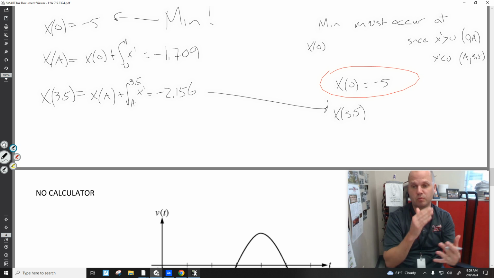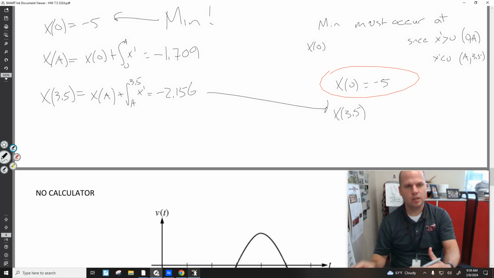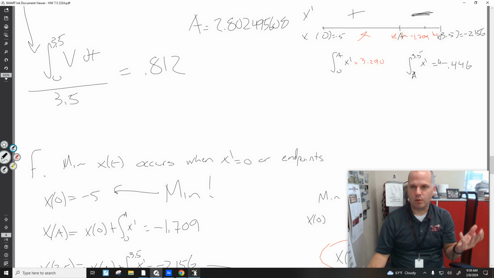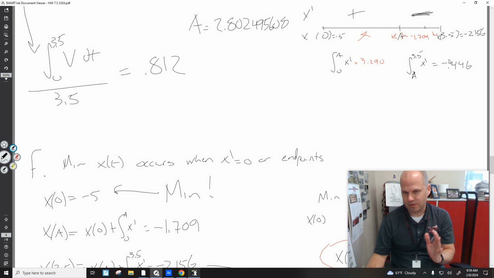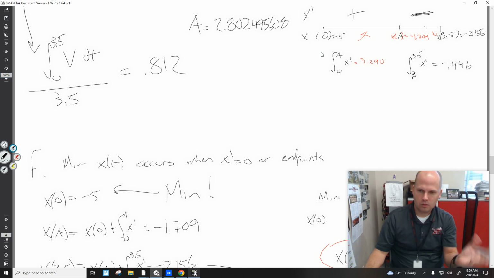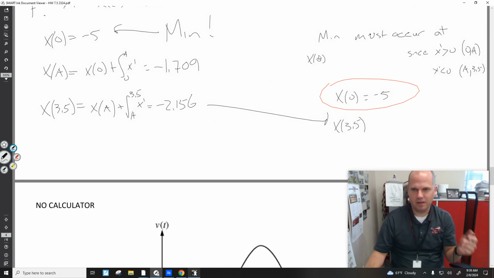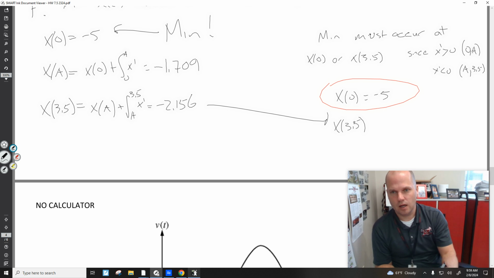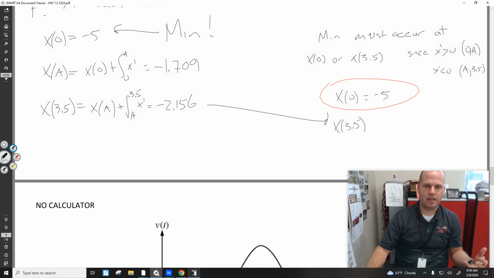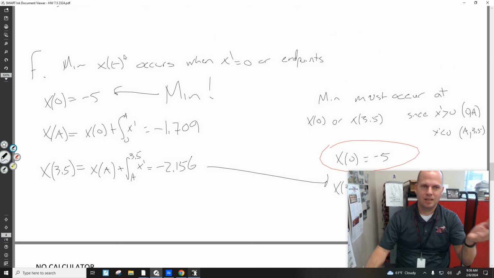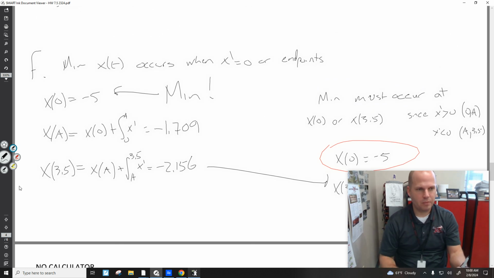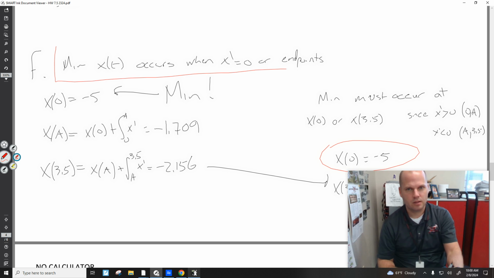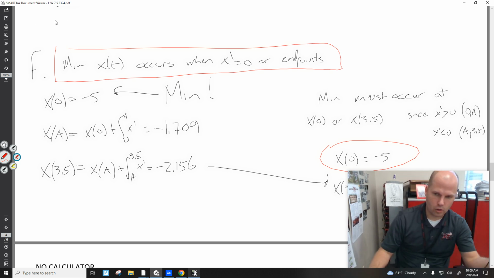You say the displacement from 0 to A is positive this. The displacement from A to 3.5 is negative this. Therefore, since this is bigger than this, we must start at a min. It's just more complicated. I think the easier way is to eliminate something that you have to check by eliminating candidates by referencing derivatives, but this is the safe way to go. But again, you need to provide this statement or you don't get credit, okay?